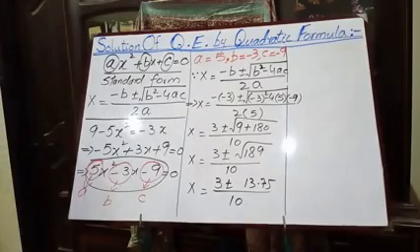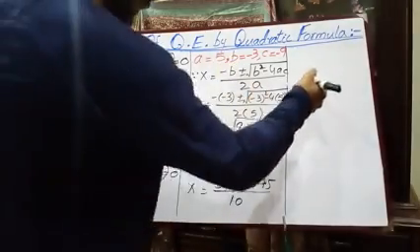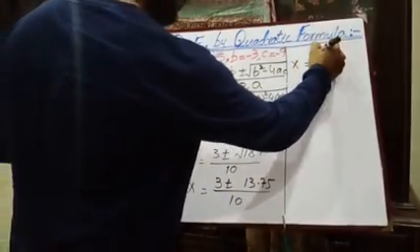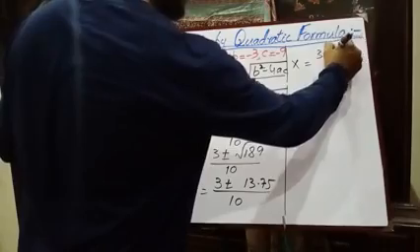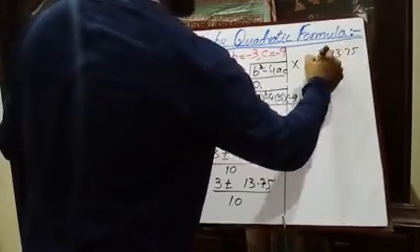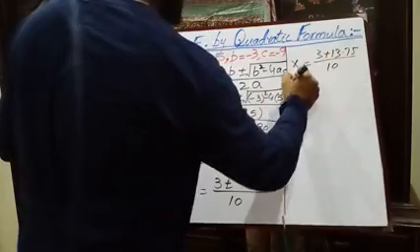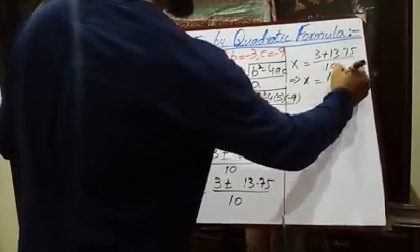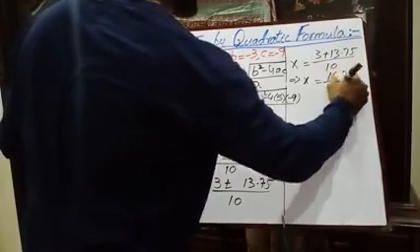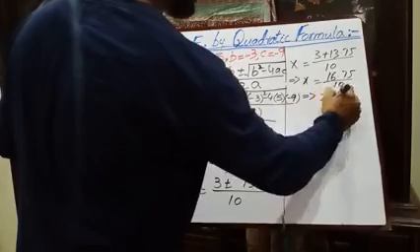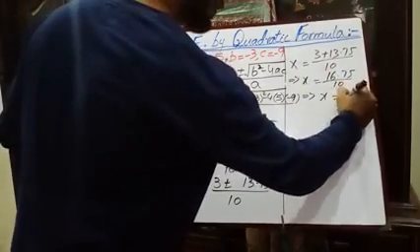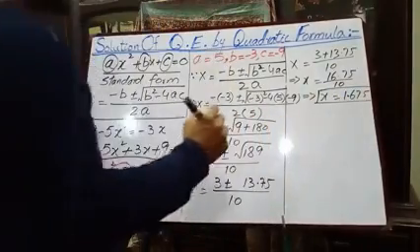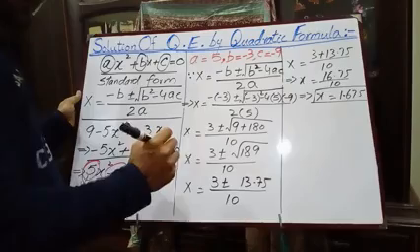Now we have to take the two values of x over here. x will be equal to 3 plus 13.75 divided by 10. This means x will be equal to 16.75 divided by 10. So x will be equal to 1.675. This is the first solution of this equation.